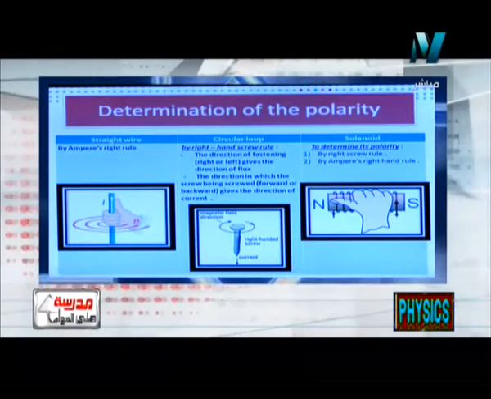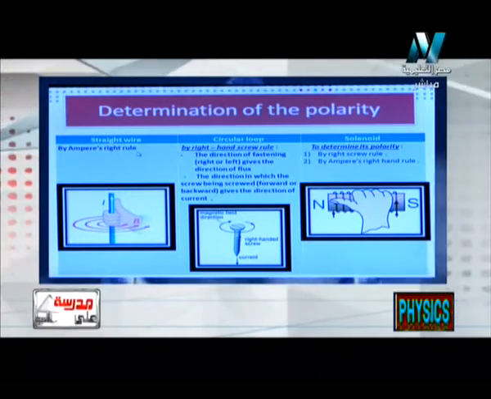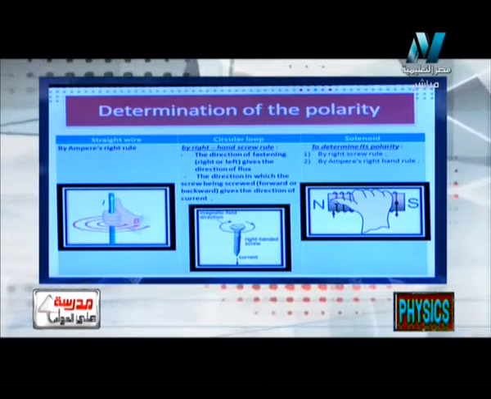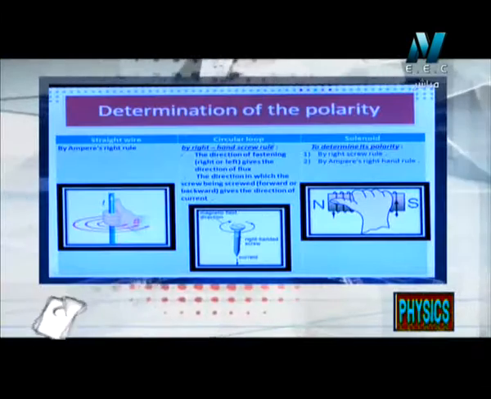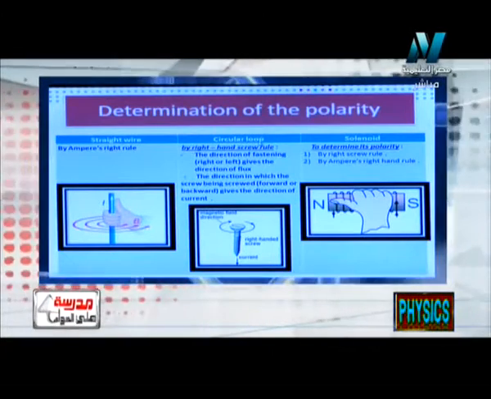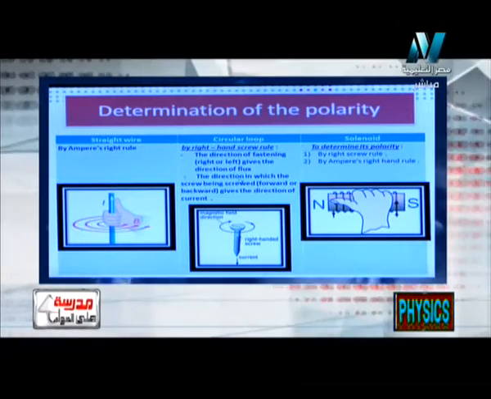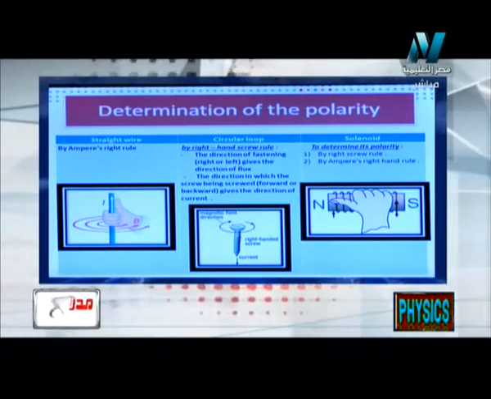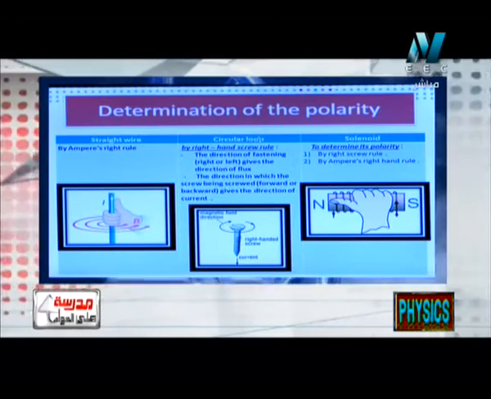Again, the best answer is to determine the polarity of the magnetic flux around a wire carrying a current. Next, what about the polarity of a circular loop? Here, we use another rule to determine the polarity of a circular loop.